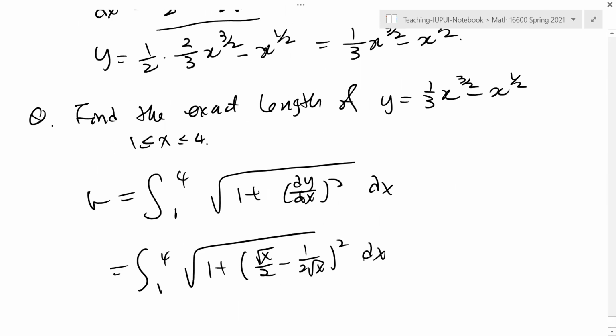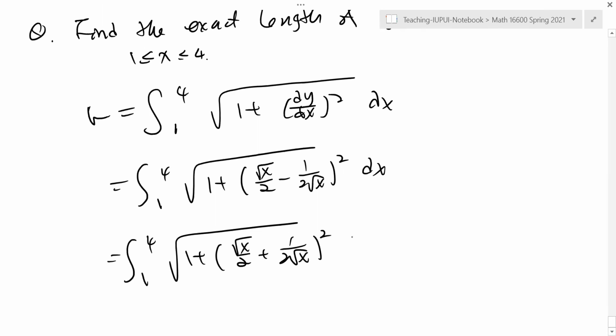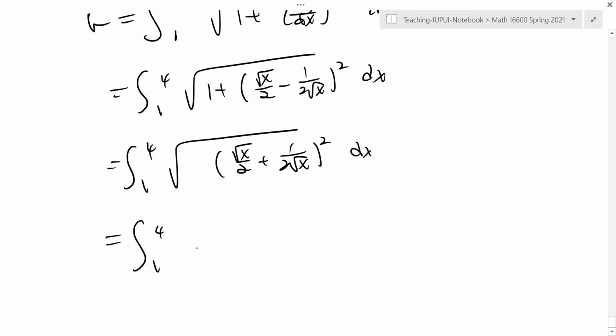So I guarantee you can get rid of... okay. Then oh, there's no 1 here. The 1 is already gone. So I can get rid of the radical. So I get half of square root x. Then I can evaluate this integral.